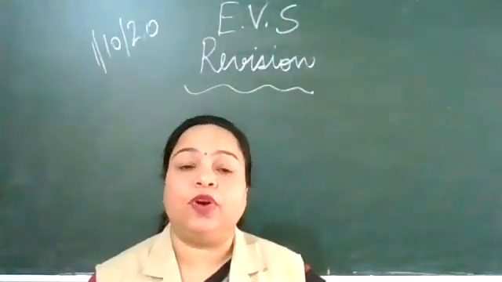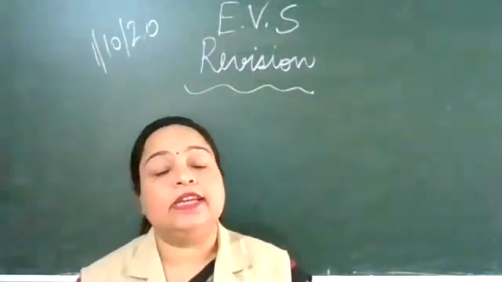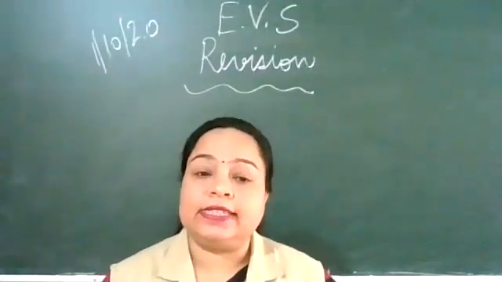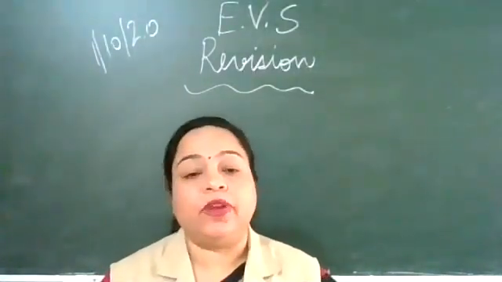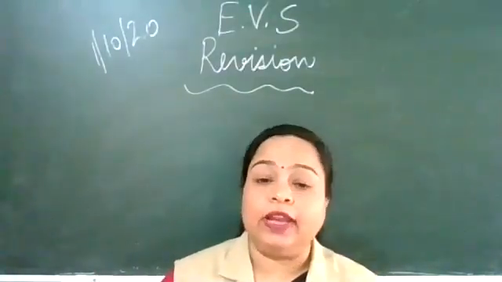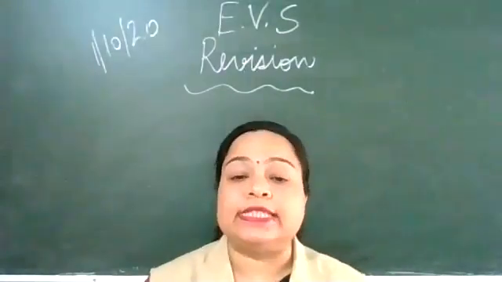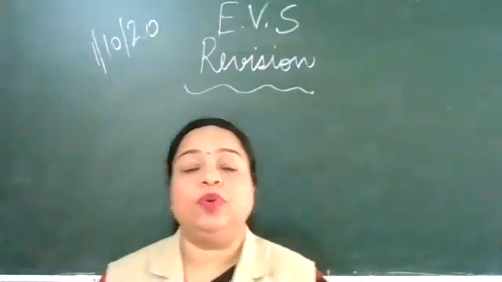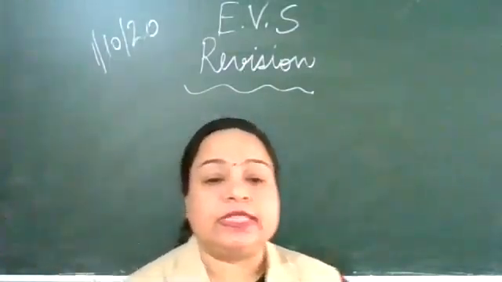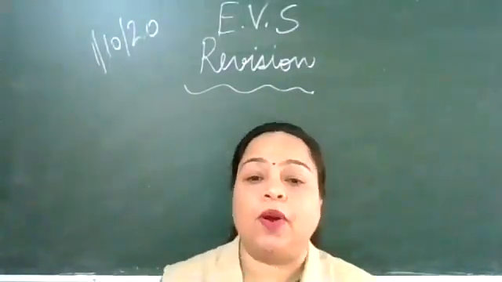First is for your periodic test, and the next project is for the term one. So I will revise and tell you how you have to present and how you have to do these two projects. Okay, first I will start with the periodic test.